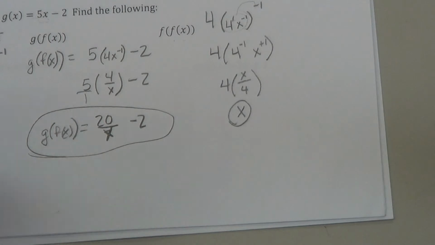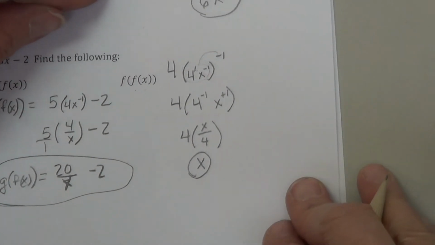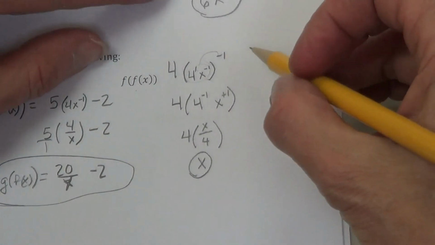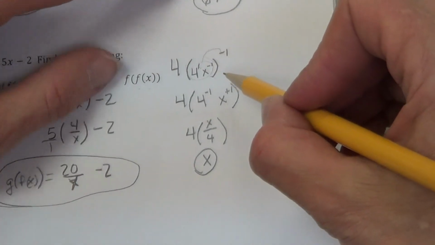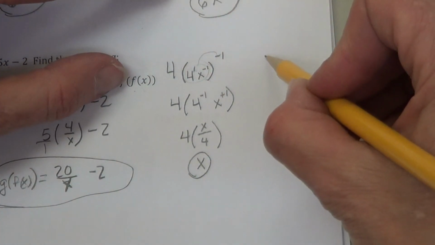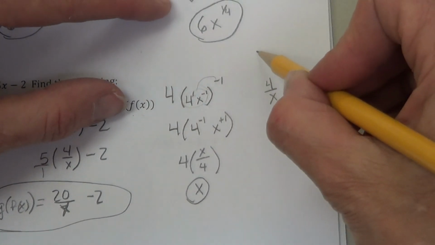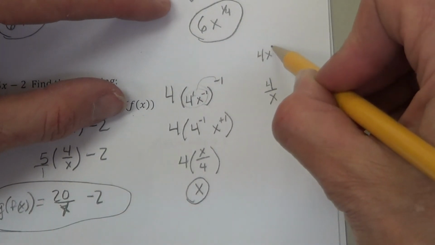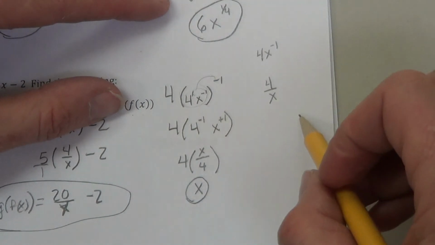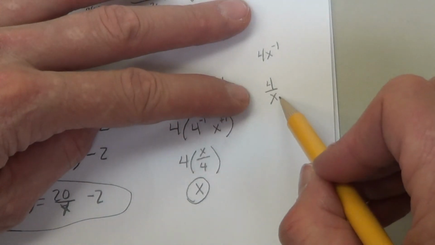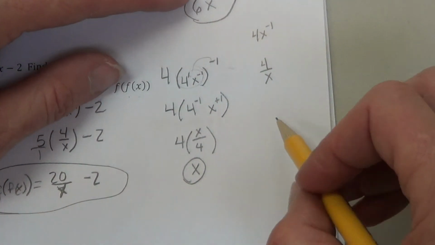Another way you could have done that, remember in math there's always a couple ways, but your math should always make sense to you, so if you like this way more you could. We could think of f of x as being 4 over x, because originally it was given to you as 4x to the first power, negative first. So that's the same thing as 4 over x.